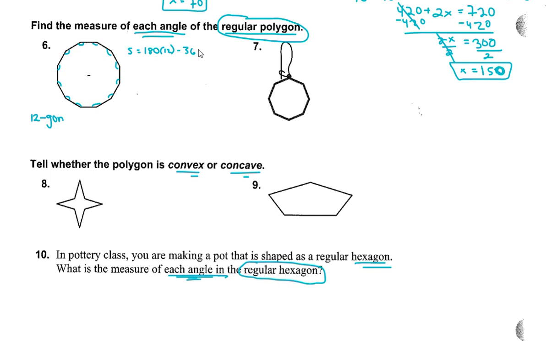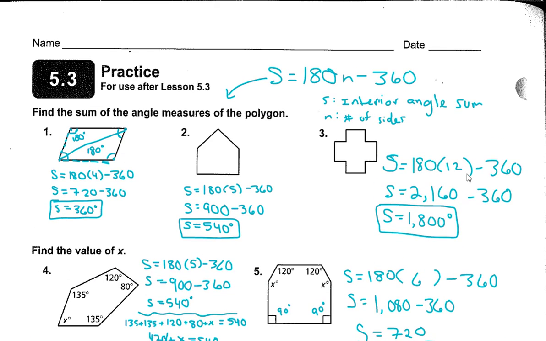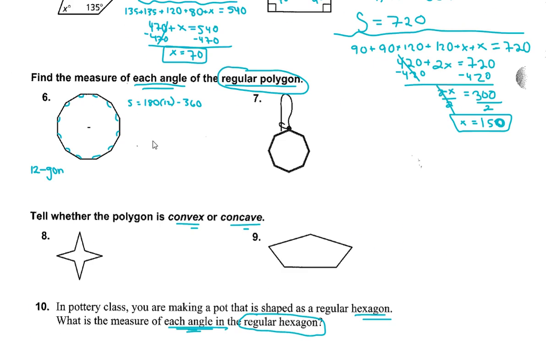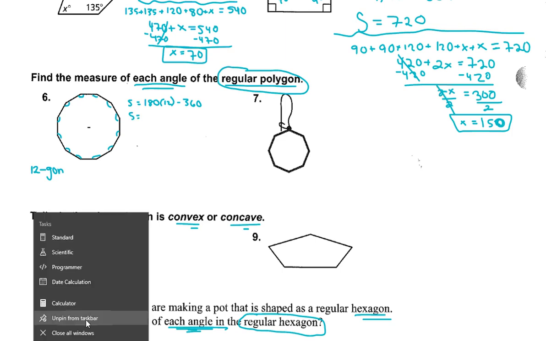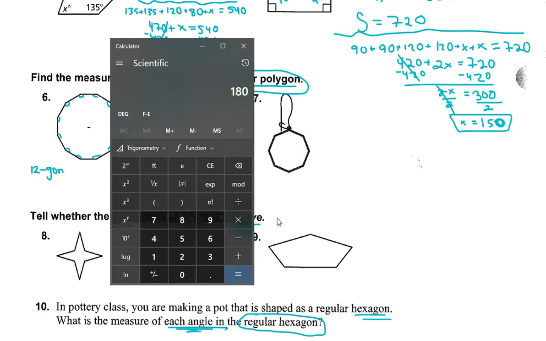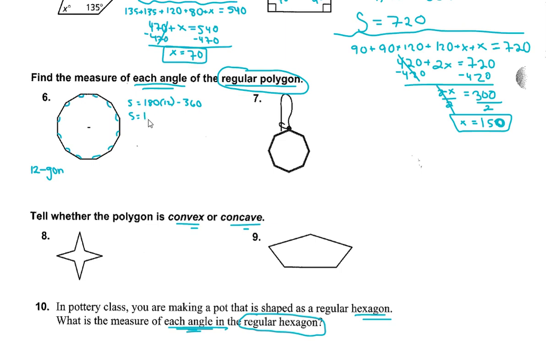And I believe I already found that one up here. Yep, so I know I'm going to get 1800. I'm just going to show my work down here as well. So I'm going to get 180 times 12 minus 360, which is 1800.